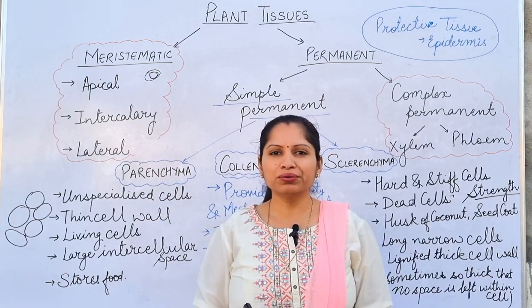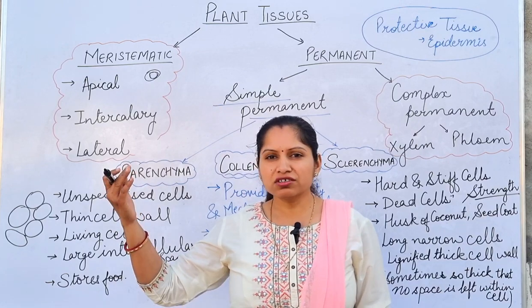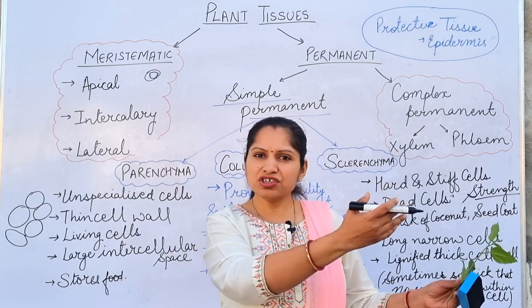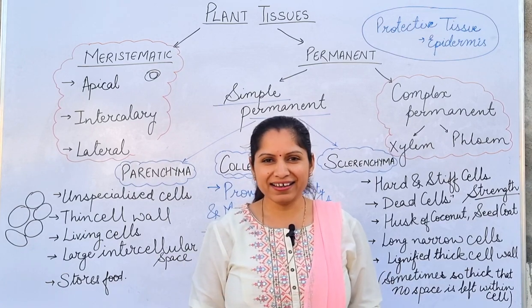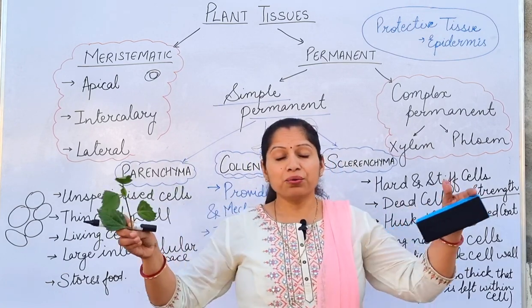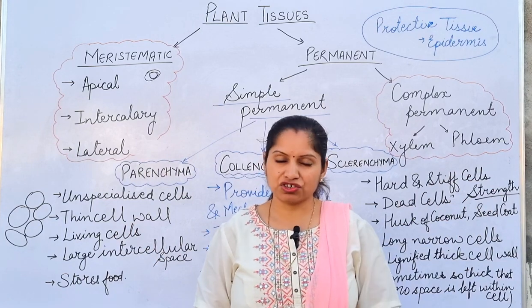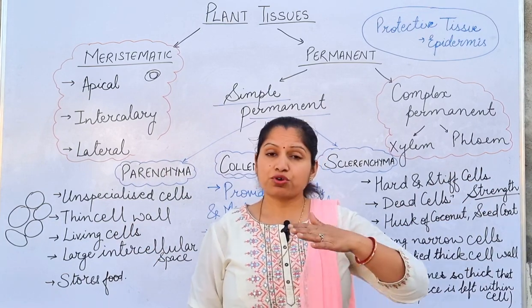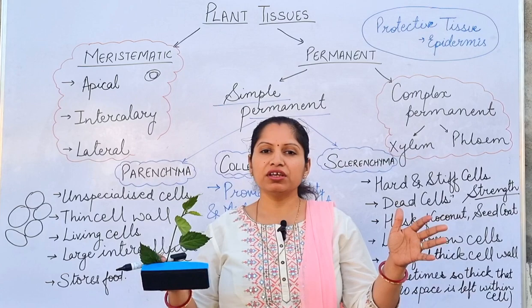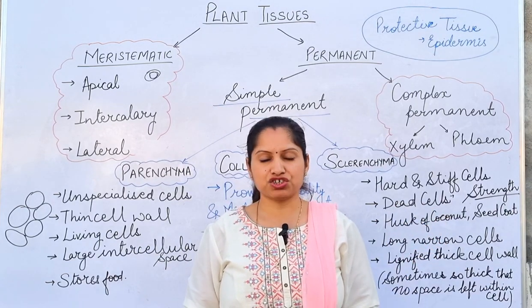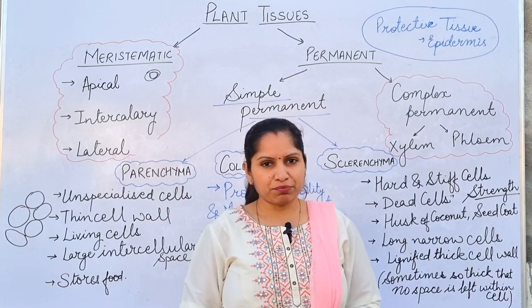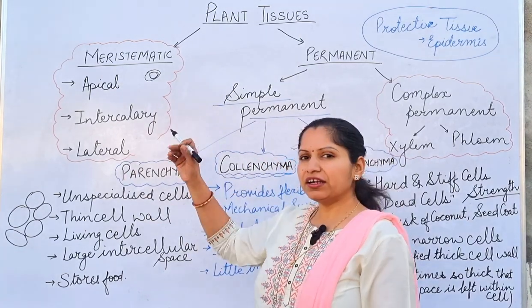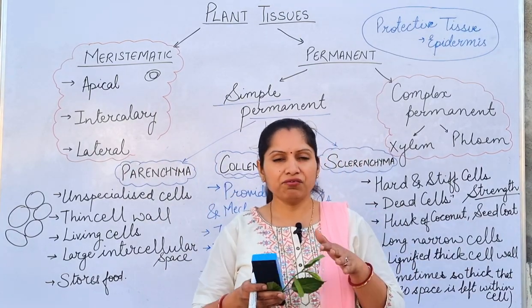But from you all, some of you are going to become doctors, some engineers, some are going to become CA, IAS, RAS. So you are going to be different from each other. This process of becoming different from each other is known as differentiation, and that leads to the formation of new types of tissues.